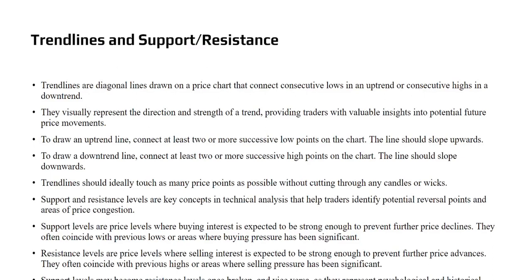So trend lines are going to be your diagonal lines that you draw on your price chart. They connect consecutive lows in an uptrend or consecutive highs in a downtrend. Usually, they represent the direction or the strength of a trend, providing us with valuable insights to potential future price movement.